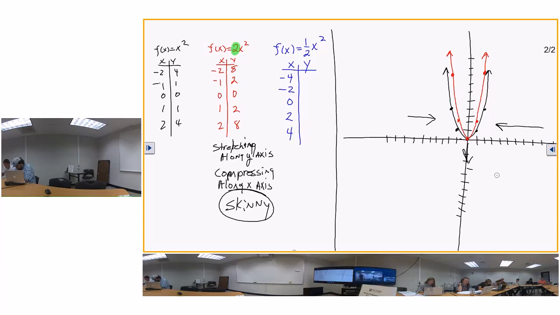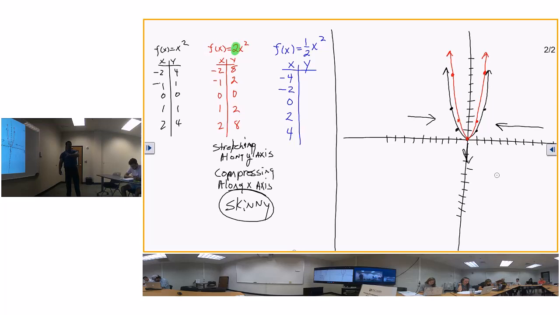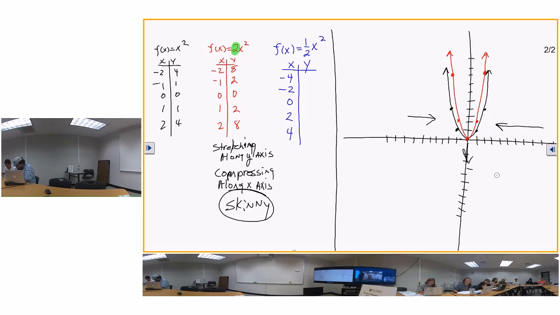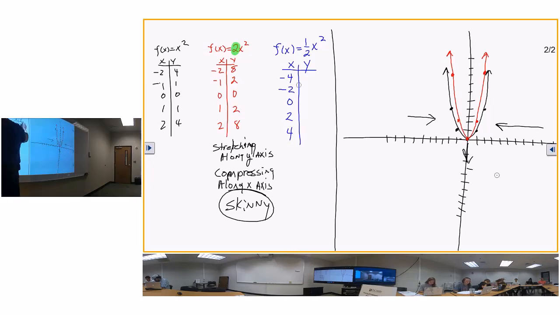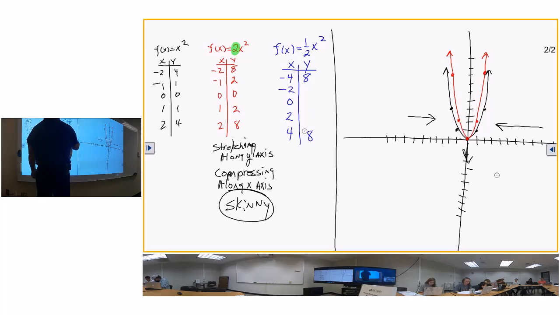Now again, we're kind of combining a little bit of Unit 1 and a little bit of Unit 2. So just be patient because I'm going to get into the mechanics of this as soon as we get there. Okay, I'm just trying to show you where we're going. So what's -4 squared? 16 divided by 2? 8. 2 squared, 4 divided by 2 is 2.